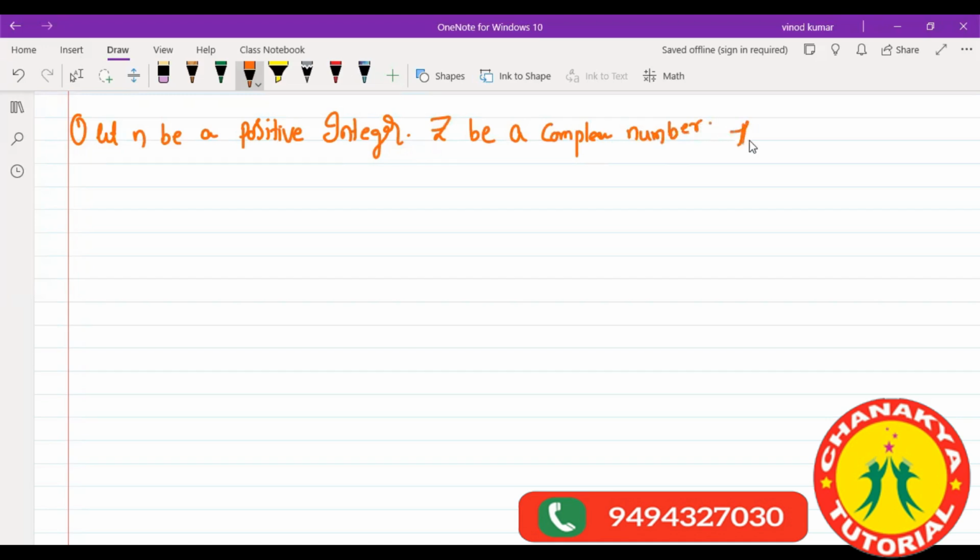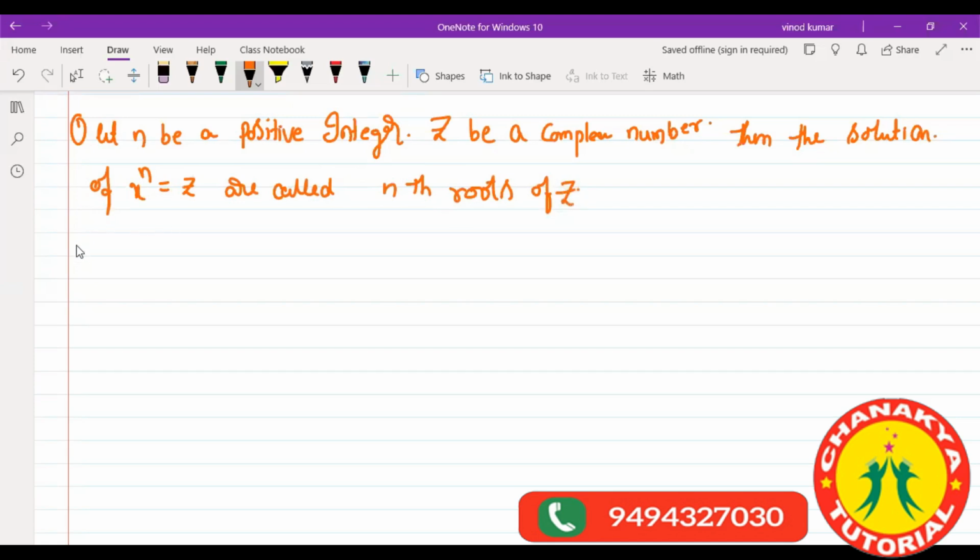Then the solutions of x to the power n equals Z are called the nth roots of Z. Suppose n equals 3, that is cube roots of Z. The nth roots of Z in that case are called cube roots of Z.